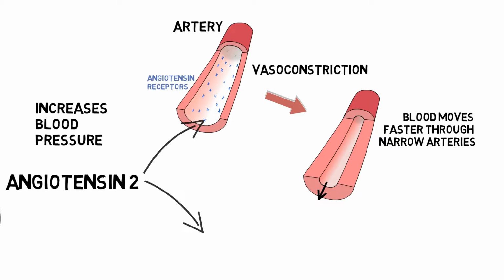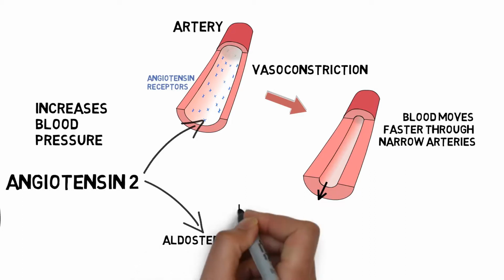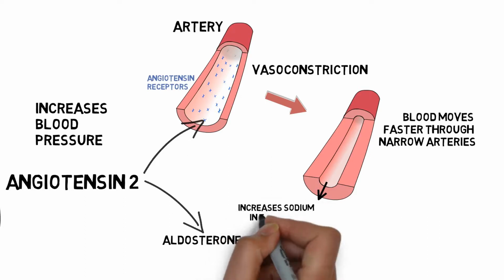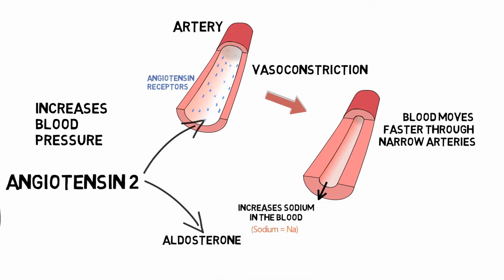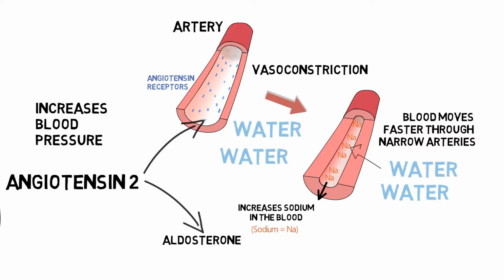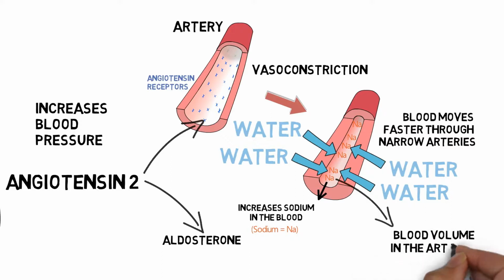Angiotensin 2 also stimulates the production of a hormone called aldosterone. Aldosterone is a hormone that increases sodium in the blood. The net effect of sodium in the blood is that, as a salt, it attracts water to itself. So water gets drawn into the bloodstream from the surrounding tissues, and the blood volume in the arteries increases because of this increased volume of water.